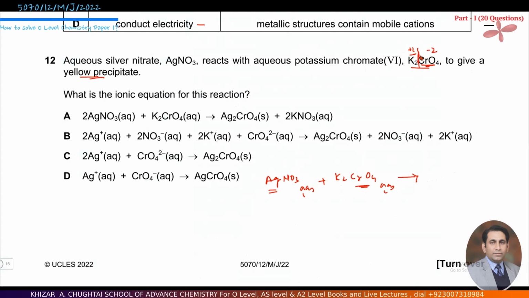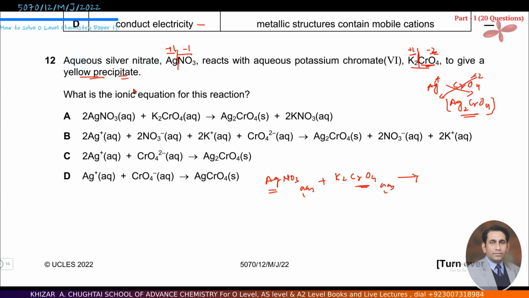So CrO4 is an ion with -2 charge, and silver has a +1 charge. Nitrate always has -1 charge, so silver is +1. Plus and minus cancel out, so 2 goes over here and 1 goes over here. The exact formula will be Ag2CrO4. This is the formula of the yellow precipitate.